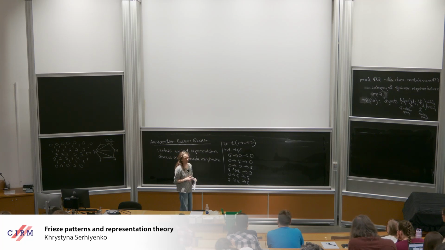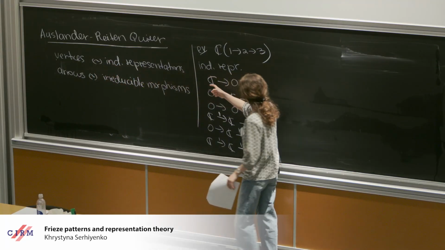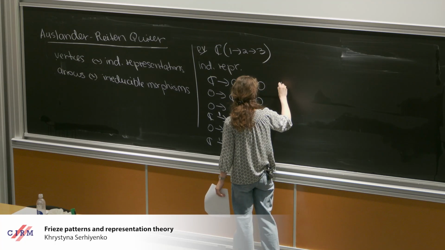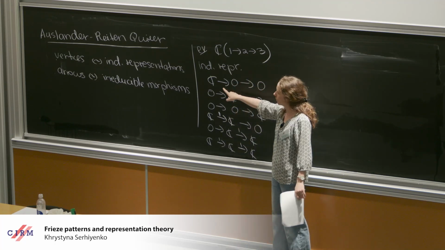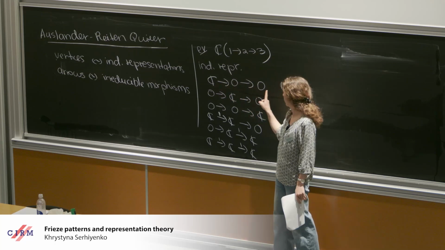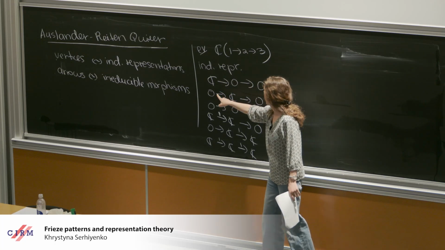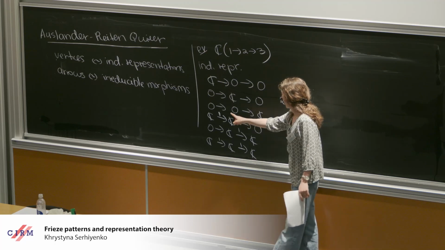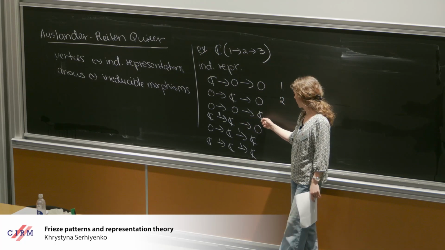And here's where we're going to use a different notation to compactify this slightly. So instead of having C00, I'm going to denote this representation as 1. This means I have a single copy of C in vertex 1. Here I have a single copy of C in position 2, so I'm going to write this as 2. I have a single copy of C at vertex 3.